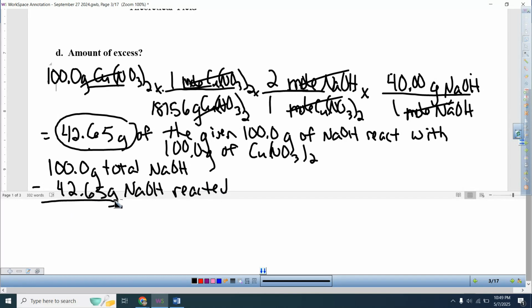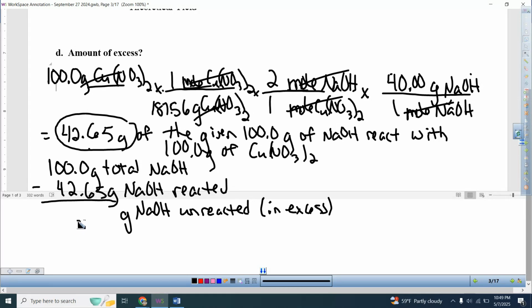And that's going to give us the grams of NaOH that is unreacted. It's in excess. Didn't get used up. So that leaves us with 57.3 grams.